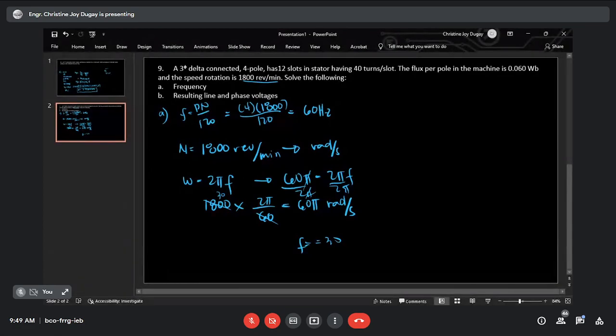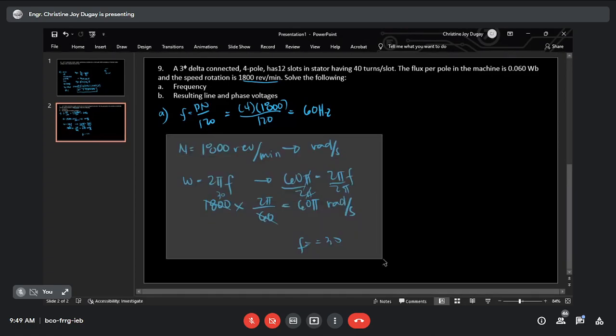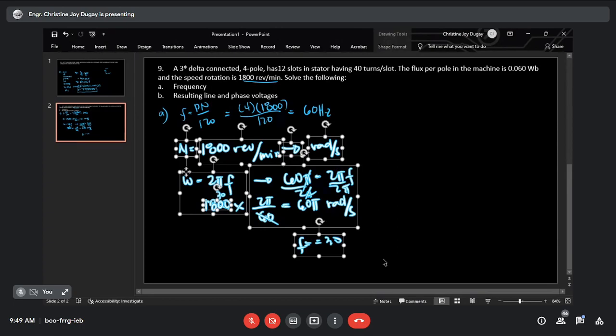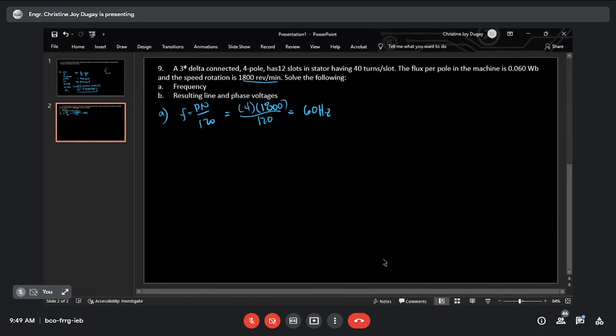Radian per second, 1,800 times 2 pi over 60. 60 talaga. Ayaw niya. Pero supposedly equal yan eh. Bakit kaya? Pero ito na lang, 1,800 rpm na 60 Hz. Kasi mas makatotohanan naman kung tutuusin mo yung 60 Hz kaysa sa 30 Hz.